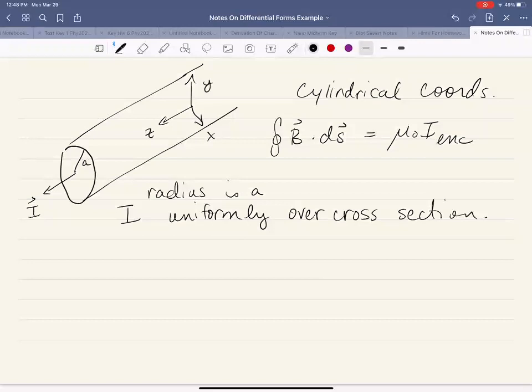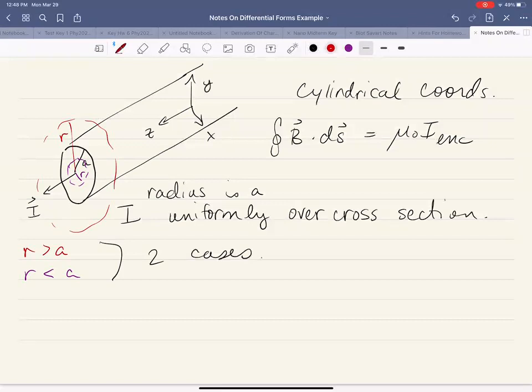Let's look at two cases. The first case I'll put here in red, and that's r greater than a. The next we'll put here in purple, and that one's for r less than a. Those are our two cases.